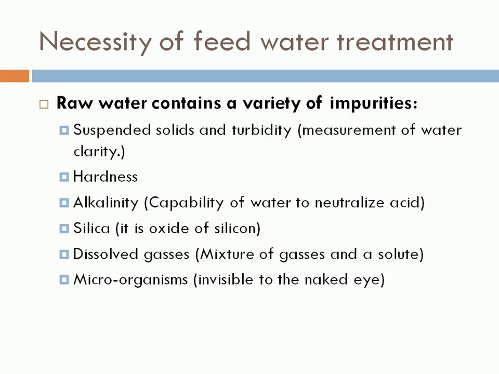Then silica, it is an oxide of silicon. Dissolved gases, a mixture of gases and a solute. Then microorganisms, which are invisible to the naked eye, so a human being can't see them, because the structure of these impurities is very small.